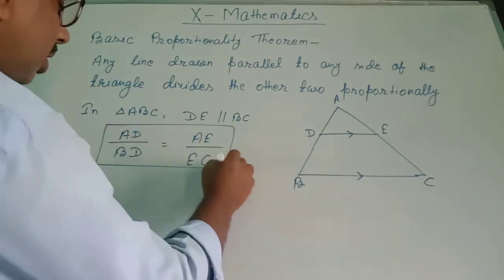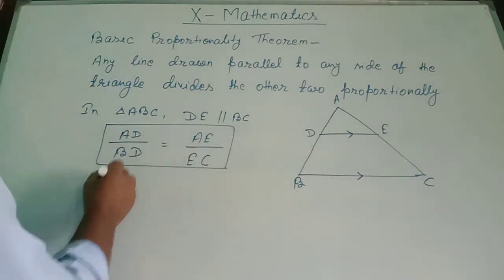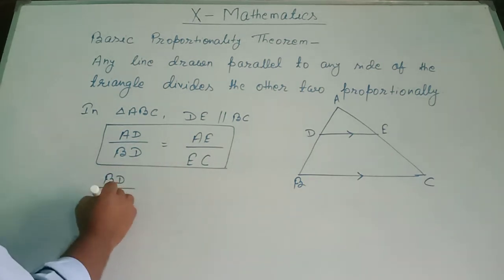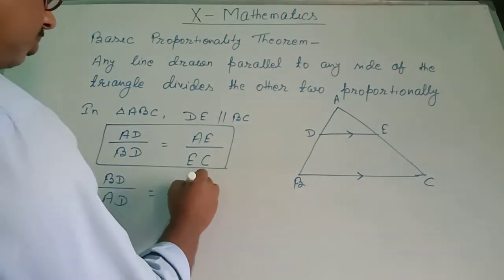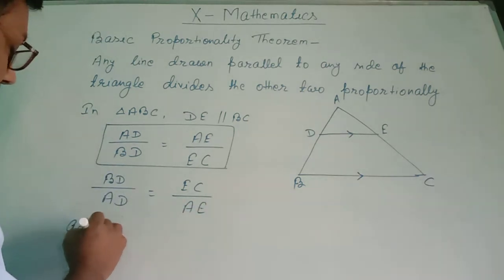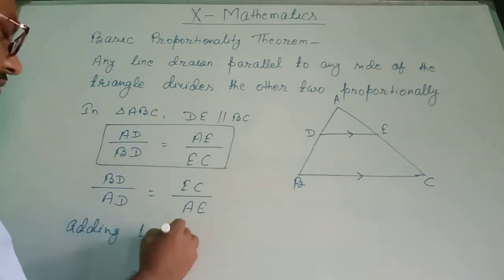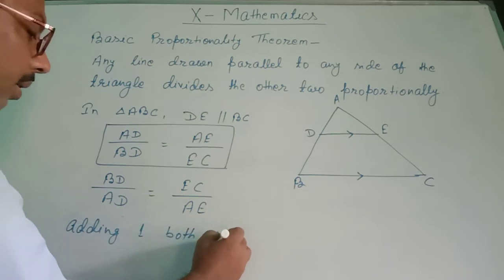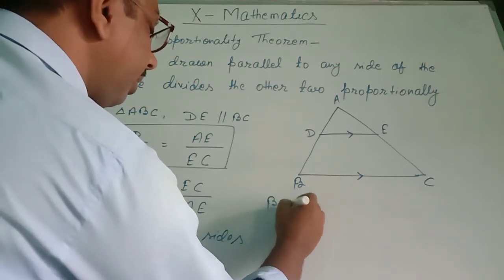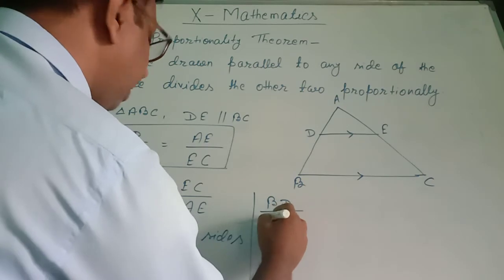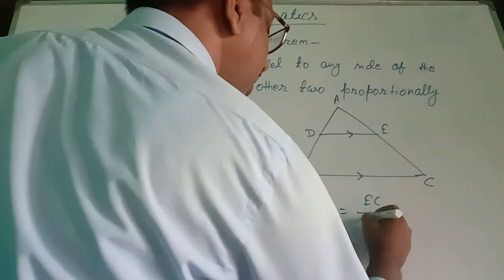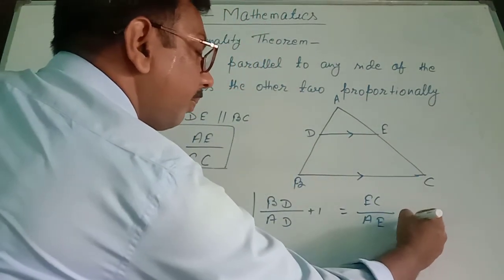This is the main rule. One derivation I want to teach here. We can write the reciprocal of these two fractions, such as BD by AD is equal to EC by AE. Adding 1 to both sides, what are we getting? BD by AD plus 1 equal to EC by AE plus 1.